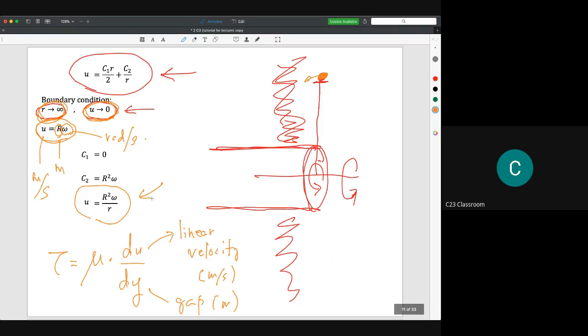If you see our tutorial in chapter 1 or chapter 2, we discussed the rotating cylinder. They give you a rotating cylinder and the value of r square omega over r and so on. That is the relation between that question and this one. This is the way we prove the term r square omega over r.